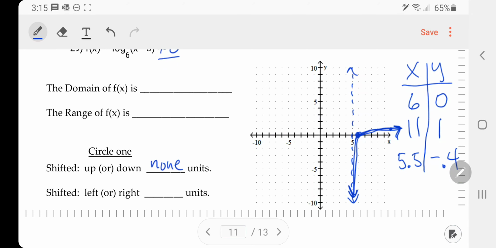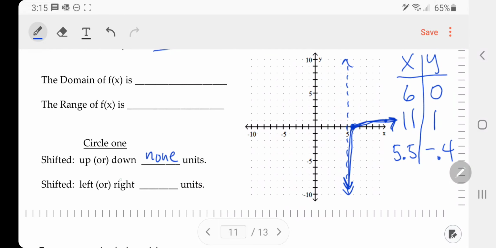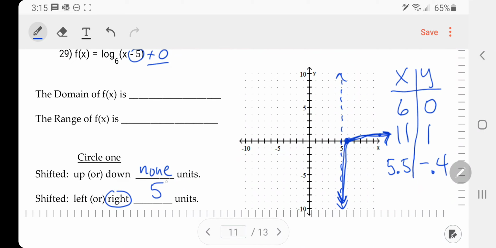I'm just going to put none because there was no vertical shift, but there was a number inside the function. Remember the number that's added or subtracted directly to x? That is your horizontal shift. Plus is left, minus is right. And so we're going to have a shift to the right 5 units.